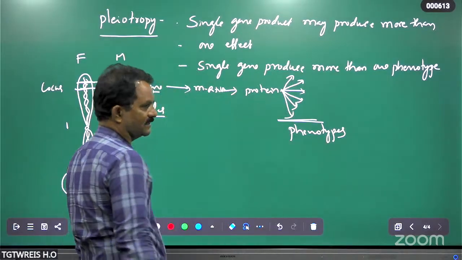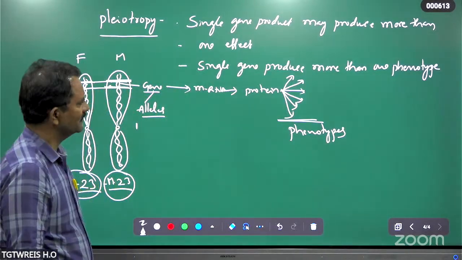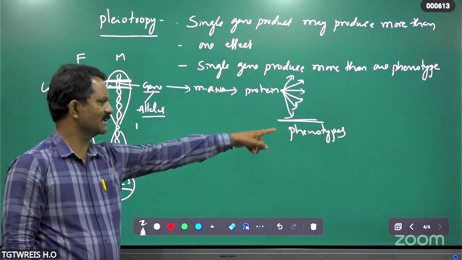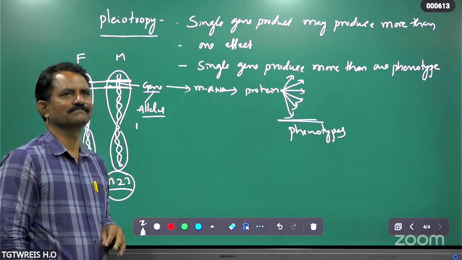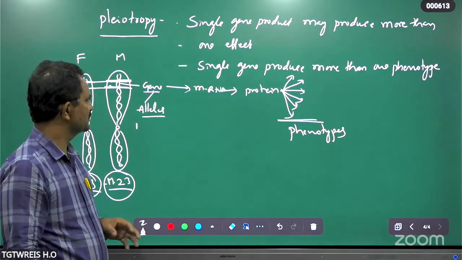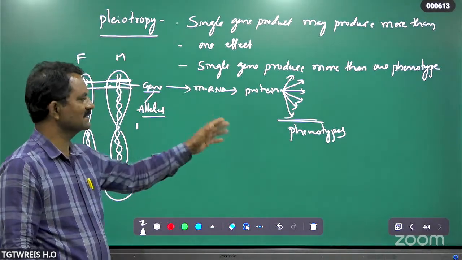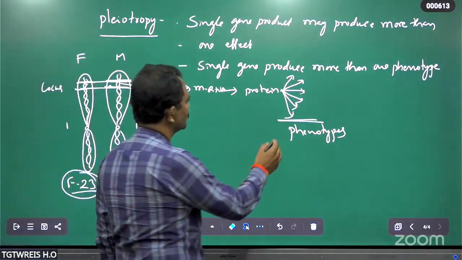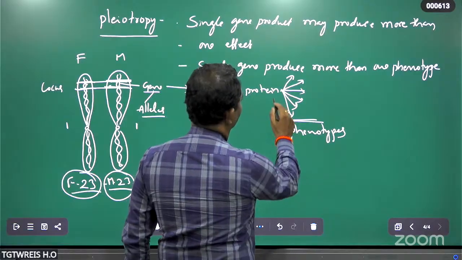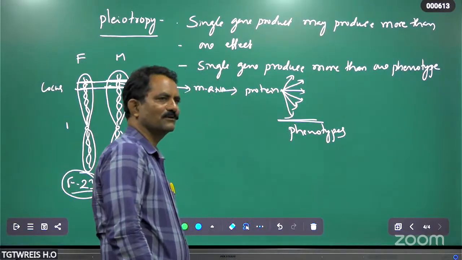Now, what is the duty of a gene? A gene expresses in the form of a phenotype that we can see. We can't see the genotype present in the chromosome, but we can see the gene product, that is the phenotype. Protein converts into different phenotypic forms.